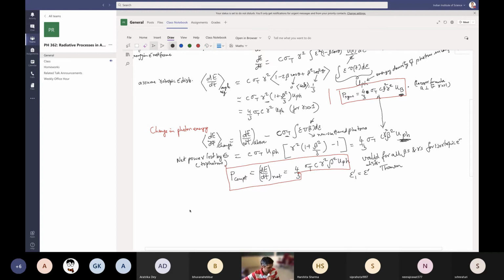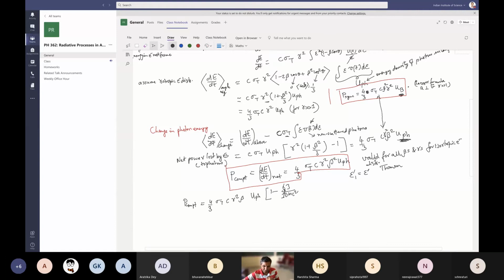So P_Compton in that case is equal to 4/3 sigma_T c gamma squared beta squared U_ph times (1 minus 63/10 gamma epsilon squared over m c squared epsilon).